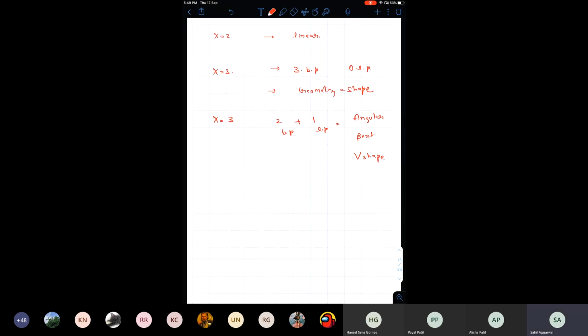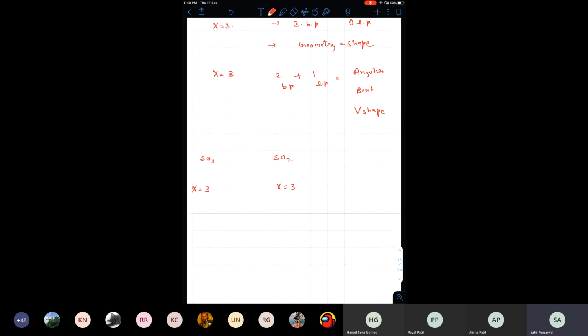For example, we have SO3 and SO2. Here X is 3, here also X is 3. But here we have all the 3 atoms, here we have only 2 atoms. There will be a lone pair.